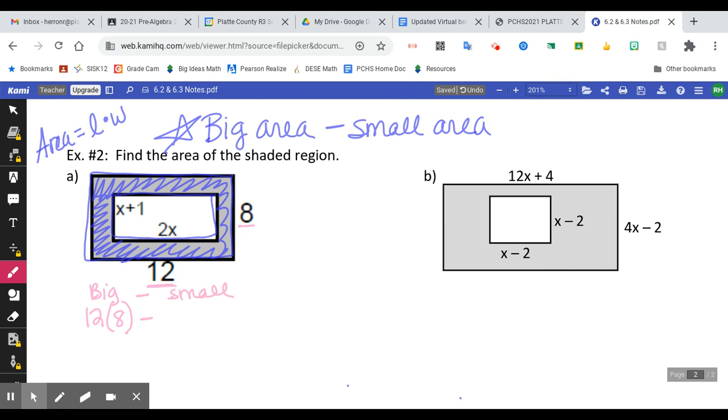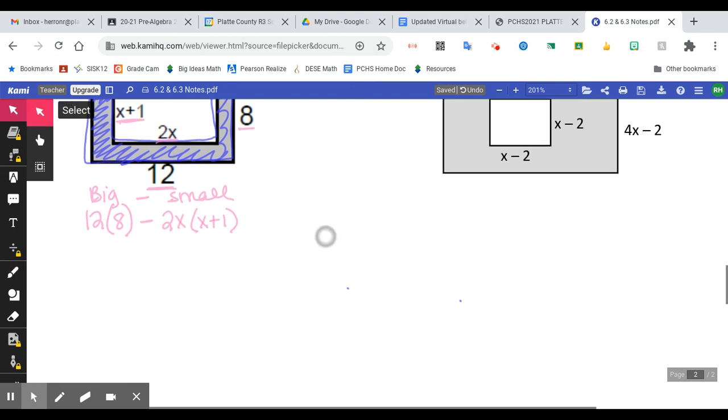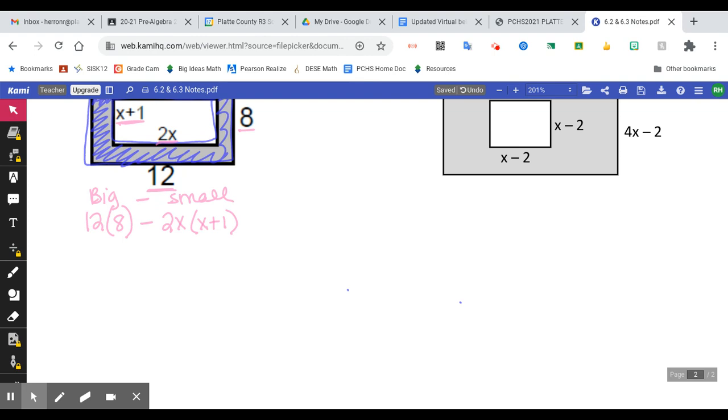So minus here. The small rectangle is x plus 1 times 2x. So length times width. Okay. Area of the big minus area of the small. So now let's solve and simplify.